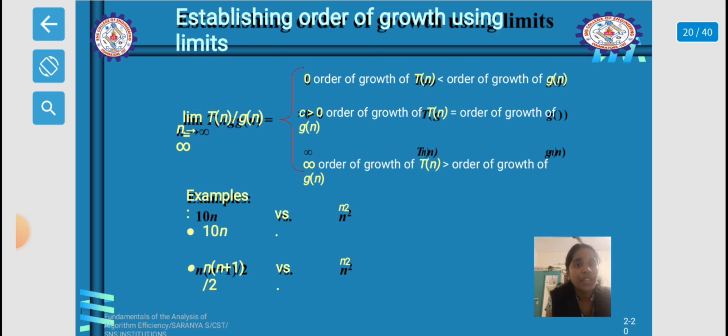If it is infinity, the order of growth of T of n is greater than that of g of n. For example, 10 n versus n squared, and n into n plus 1 divided by 2 versus n squared.